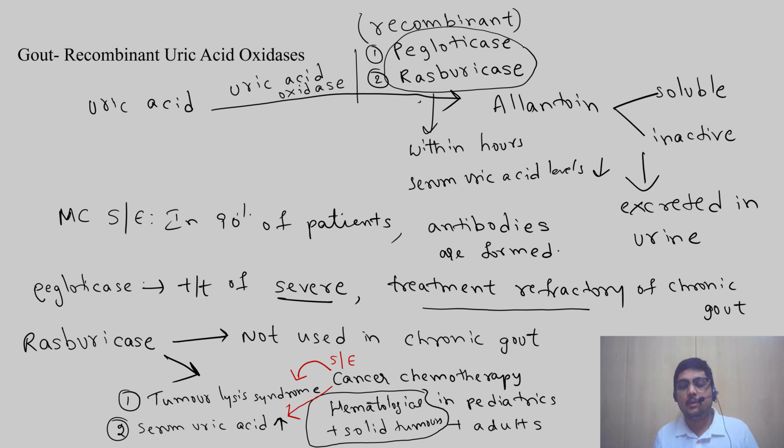When a patient is given cancer chemotherapy, who has hematological or maybe solid tumors, in the pediatric age group or adults, and among whom we expect tumor lysis syndrome or raised serum uric acid, then the hero is this rasburicase. Rasburicase is given for these two conditions: anticipated tumor lysis syndrome or anticipated serum uric acid level rises. It is not actually used in chronic gout.